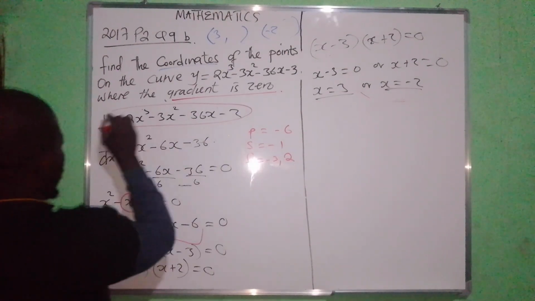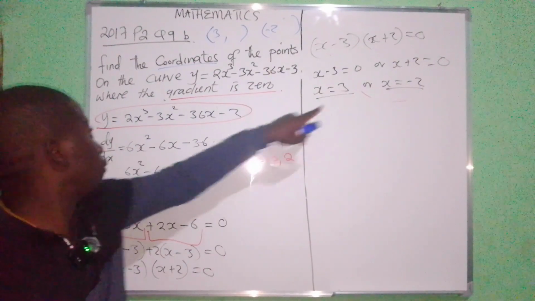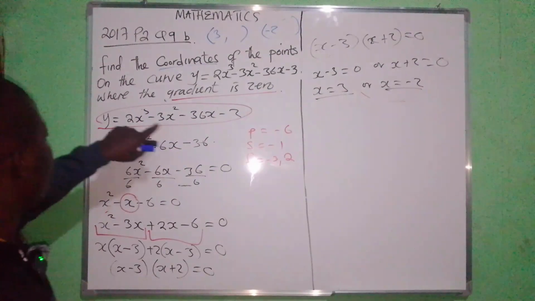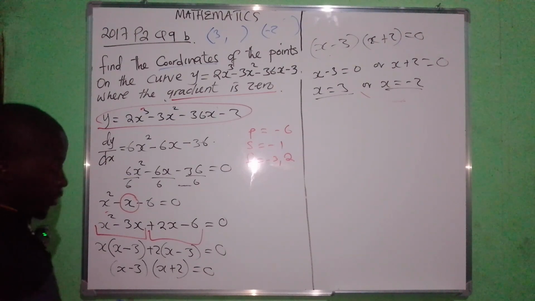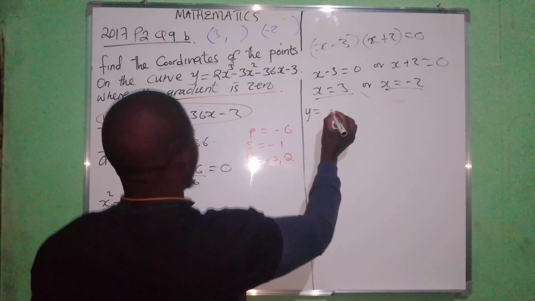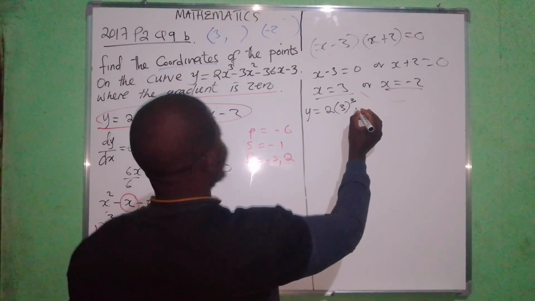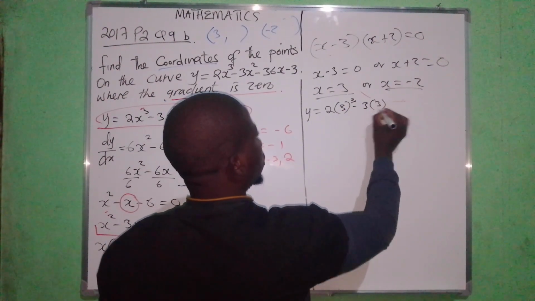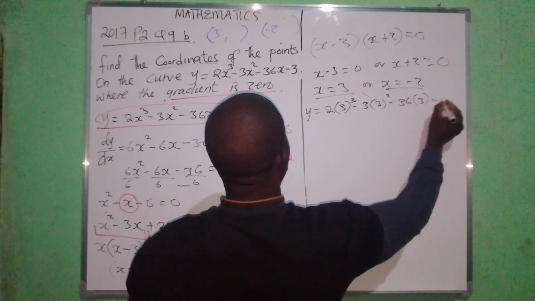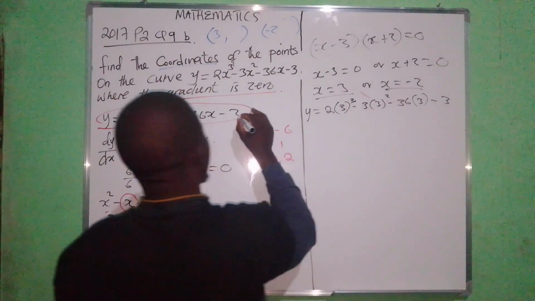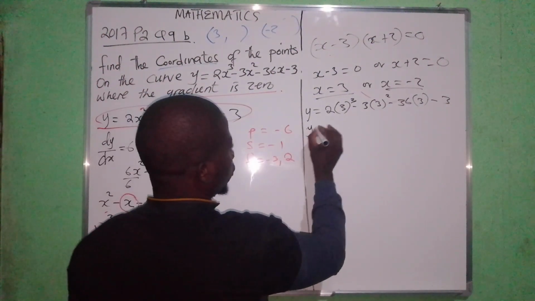When you go back to the original equation, we start fusing in 3 for every value of x. So it will be y equals 2x cubed, sorry, this is a 3. Good. So from there, we'll work out something.